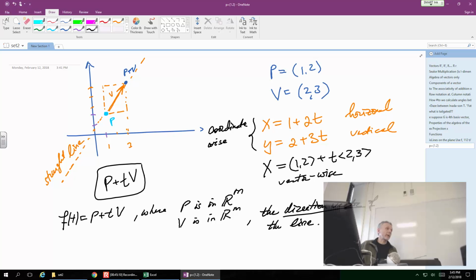Even though, remember once again, you might have different representations of the same line with different choices of p and v. Well, let's examine that. Take a look at the picture that we already have with this p and v. Can you think of any other representation?